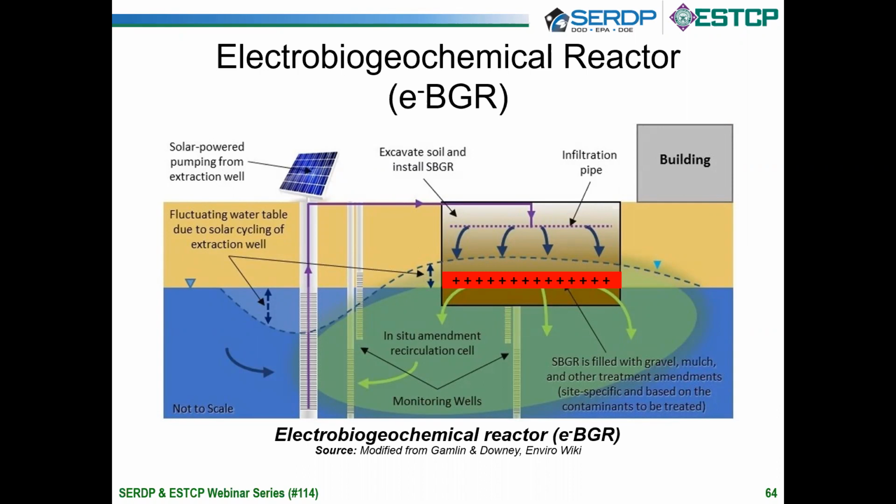So in this case, this EBGR is basically a recirculation cell that is backfilled with proprietary amendments again. And then the contaminated groundwater is pumped and re-infiltrated into the EBGR, and that's where the electrodes would sit and do their magic. And from there, the water goes back into the groundwater, hopefully cleaned.